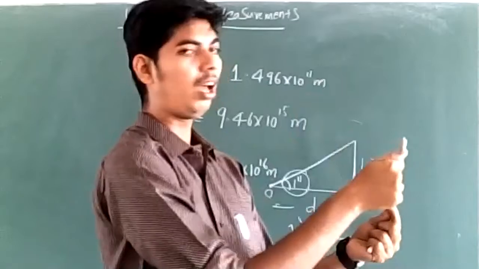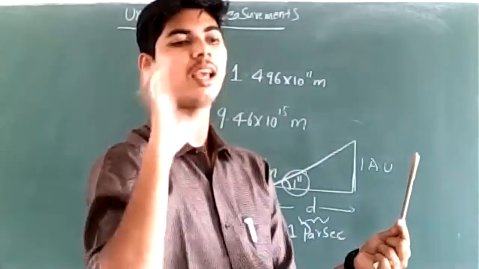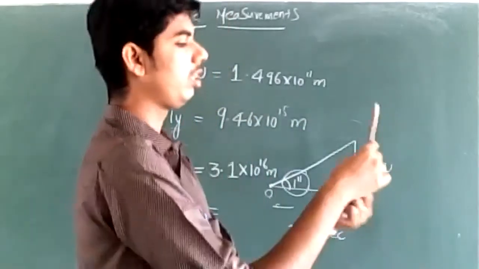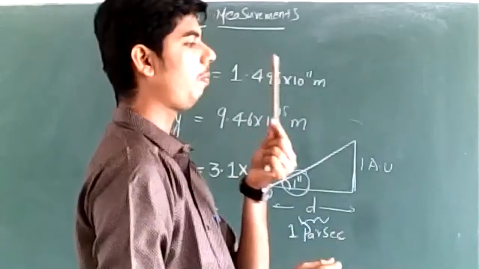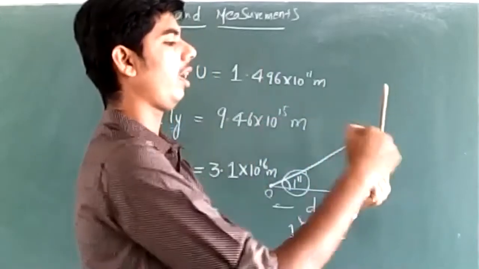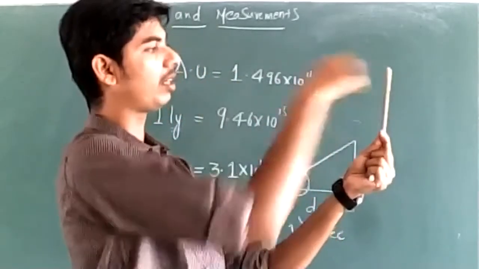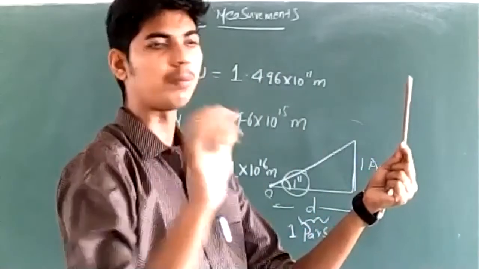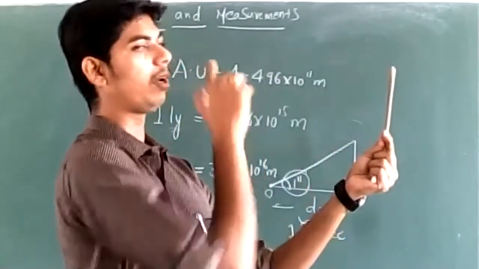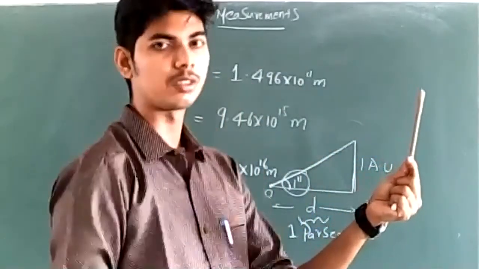Now this arc should subtend an angle of 1 second at my eye. What I do is place this arc at some distance x from my eye and measure the angle subtended by this arc at my eye, and say the angle subtended is 10 seconds.